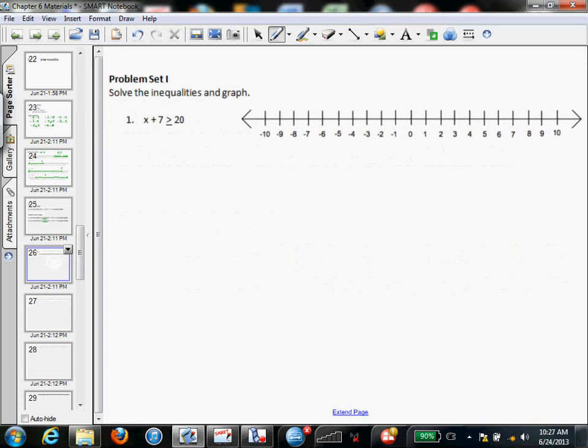Looking at example 1, we see x plus 7 is greater than or equal to 20. So you can just think of this as a regular equation, and we have to solve for that x here. To do that, we start working away from the variable, so we have to subtract 7 on both sides. Actually, let's make this a 17. This should be a 17.